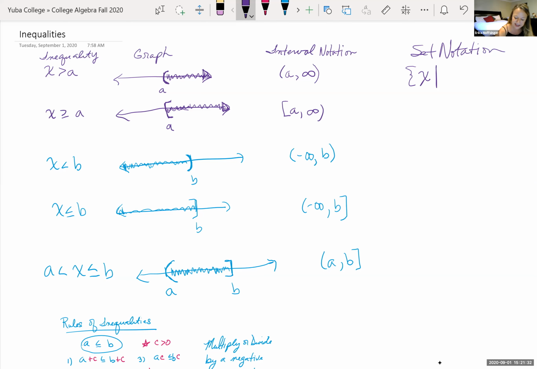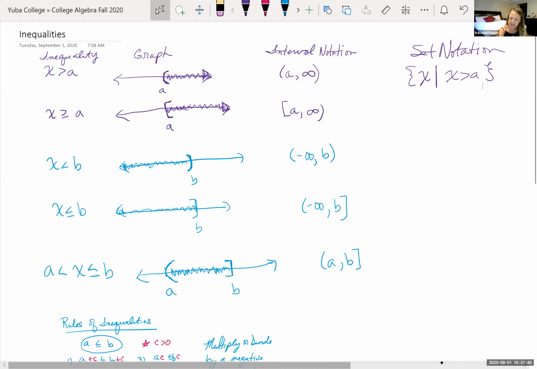In this case, x has to be bigger than a. To me, it's almost the same thing as just rewriting it in inequality notation, with your stipulations in there. So here we would say the set of x such that x is greater than or equal to a, etc.